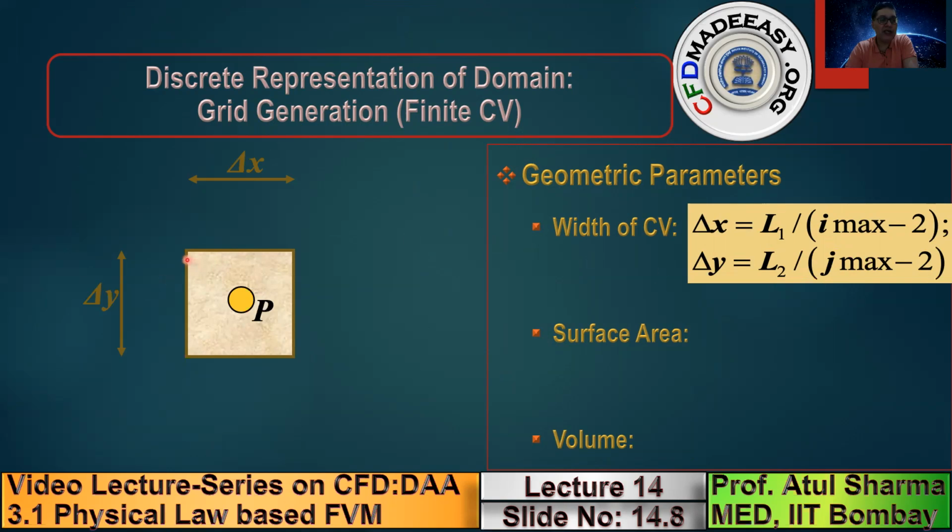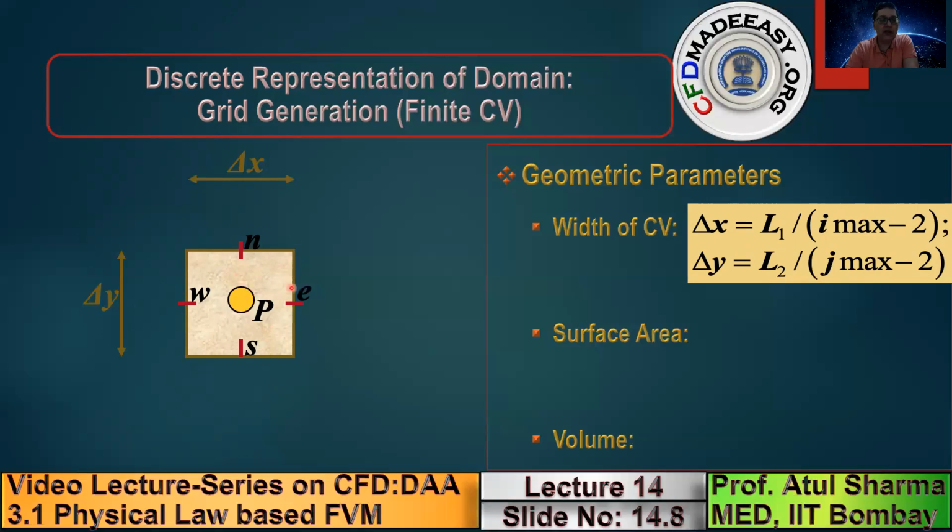Now, what are the surface areas? This is the left surface or west surface. This is the right surface or east surface. This is the bottom or south surface, and this is the top or north surface. For the vertical surfaces, you can see that the width of the control volume is delta y, and for the horizontal surfaces, the width of the surface area is delta x.